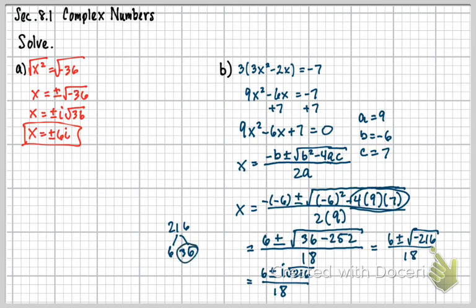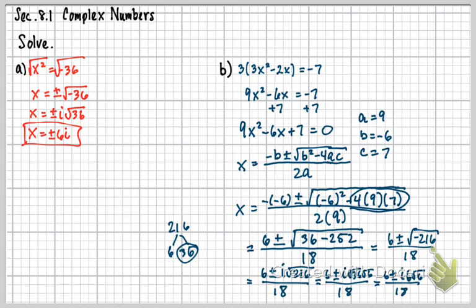So now I'm going to write this as 6 plus or minus i square root 36 square root 6, all over 18. And this square root of 36 is actually going to be a 6 now. So that's going to be 6 plus or minus i, 6 square root 6, over 18.